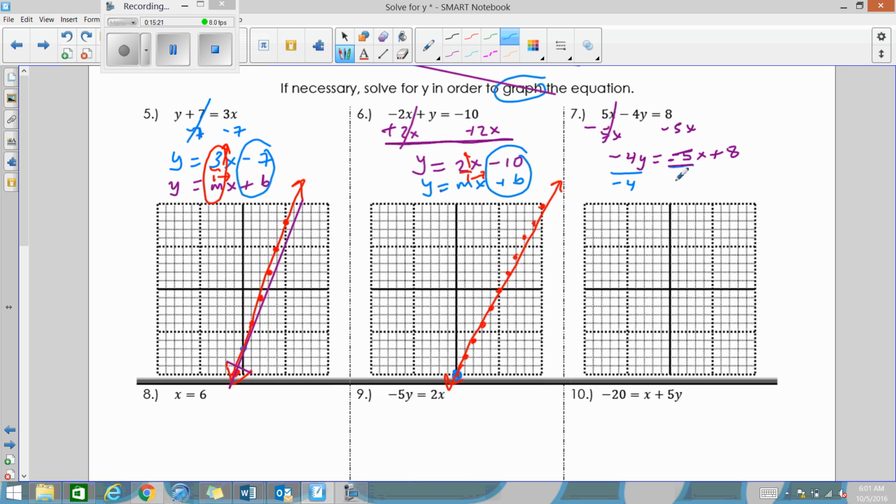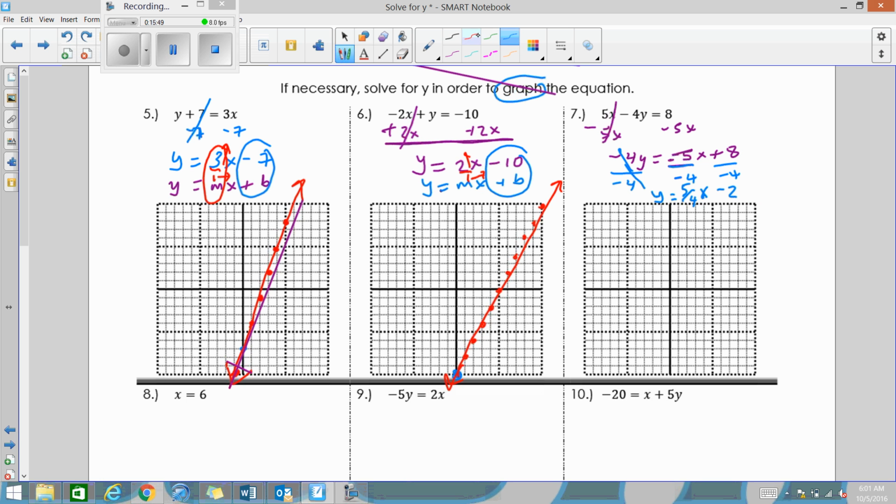Everything's got to divide by negative 4. So the negative 4's cancel out, so we get y equals, now, negative 5 divided by negative 4 is positive 5 over 4x. And then 8 divided by negative 4 is negative 2.